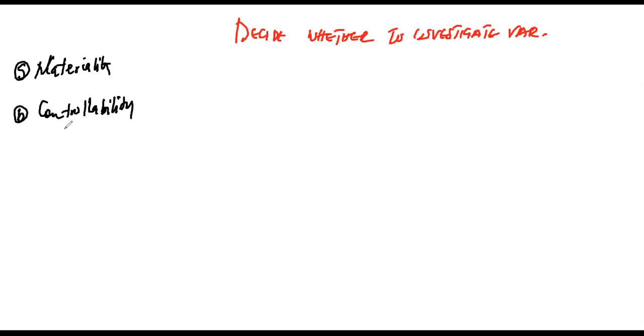Is it an internal cause for the variance? Can you control it? If we're able to control the variance, then well and good, we can control it. But if we can't control it, just let it be, because it's uncontrollable according to the market conditions.